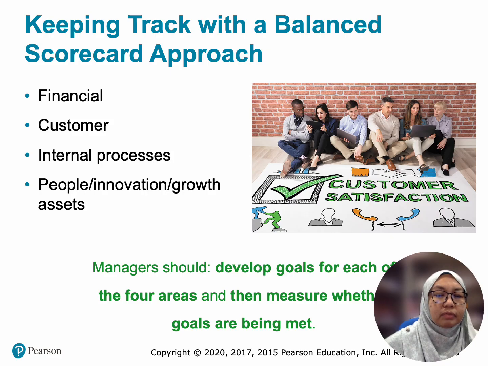Another control mechanism is keeping track with a balanced scorecard approach. Balanced scorecard is a name given to a system where managers can set four things: financial, customer, internal processes, also people, innovation, growth, asset.